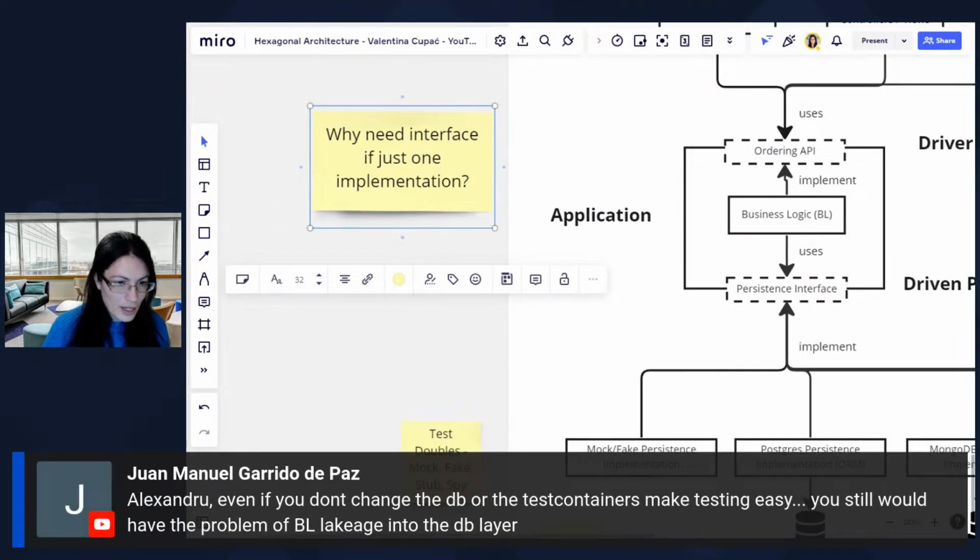Okay. So even if you don't change the database or the test containers, make testing easy, you still would have the problem of business logic leakage into the database layer. I really like that comment, because that's the whole point. The purpose here is not just test execution time, but how are we modeling the system?